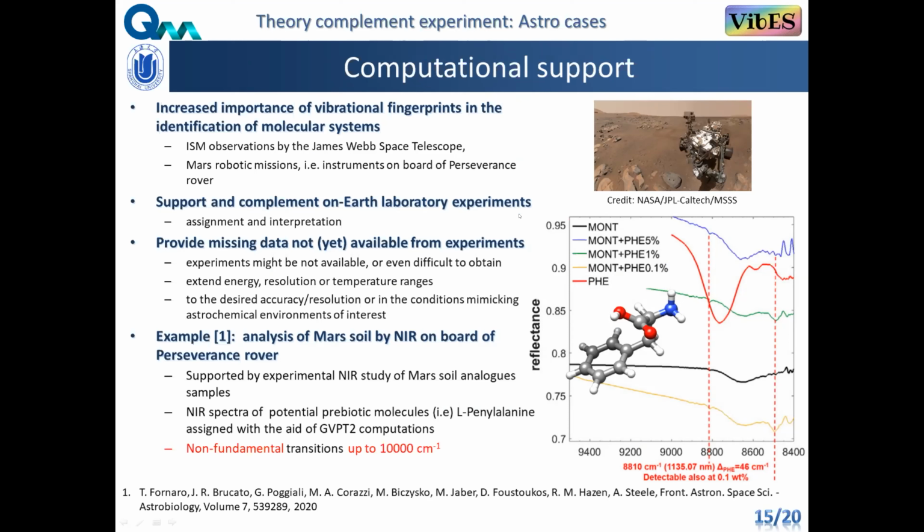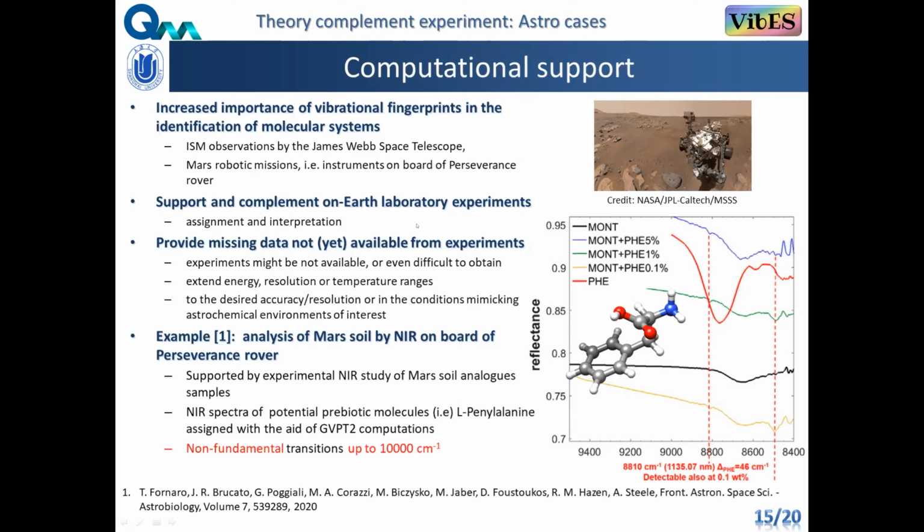But nowadays, we see increasing importance of vibrational fingerprints and vibrational spectroscopies, which will be related to the mid-infrared spectrometer on the James Webb Space Telescope. And we also now have Mars robotic missions and some instruments on board. For example, the Perseverance Mars rover in Mars 2020 also included infrared.